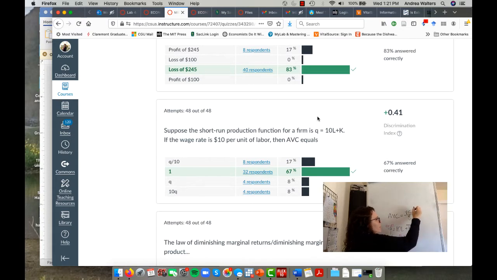So if my variable cost is $10, it's my change in wages when I have one additional unit of labor. The change in Q is also going to be 10 because I have added one more unit of labor, 10 times 1 gives me a change in Q of 10. 10 divided by 10 is 1. Hopefully that makes sense and you see that.